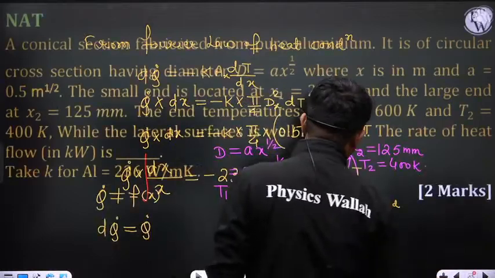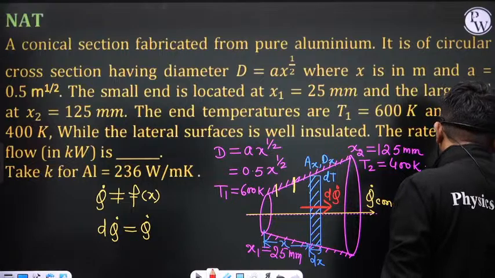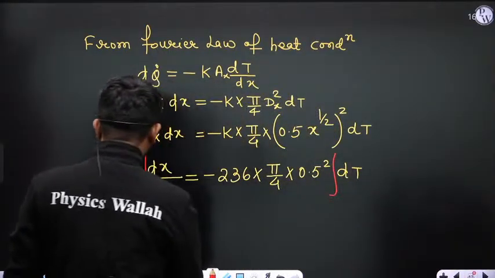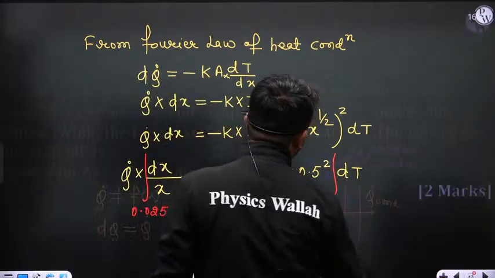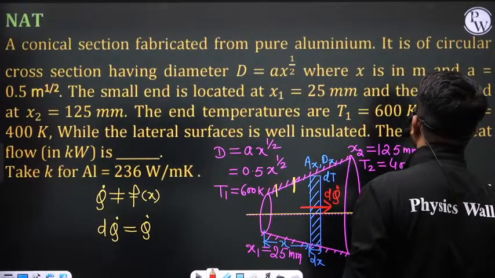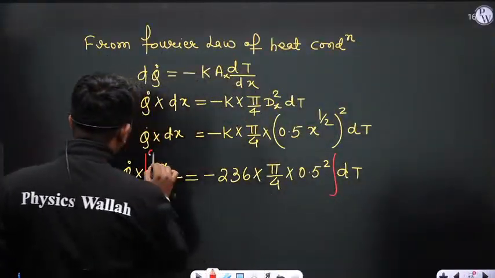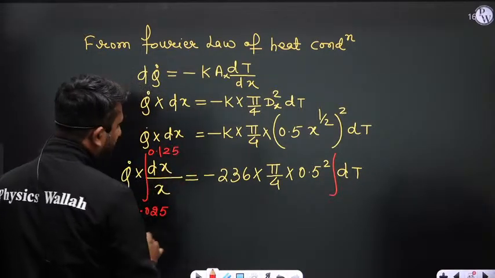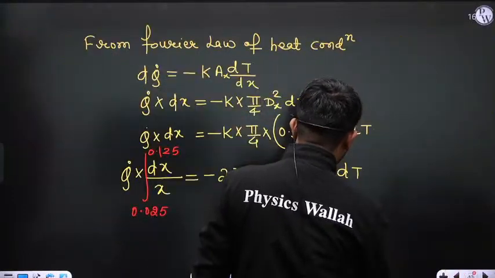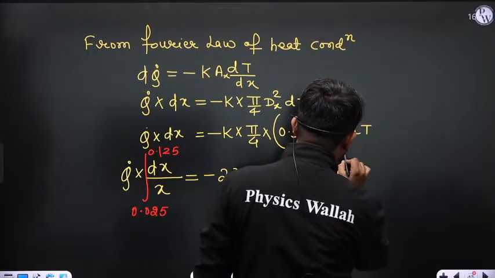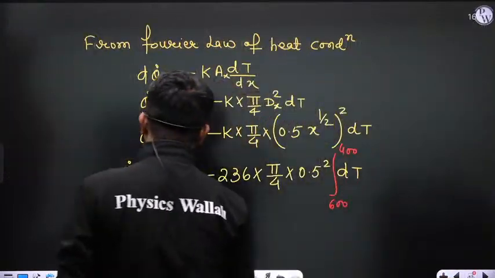Integrate from x1 to x2. What is x1? 25 mm, so 0.025, because x is in meter. To 125 mm, so 0.125. Corresponding to this, the temperature is 600 Kelvin, and this temperature is 400 Kelvin.